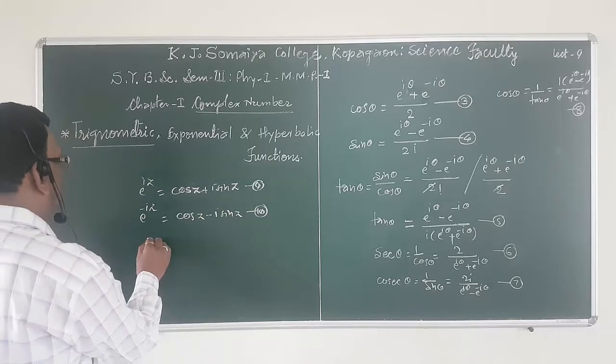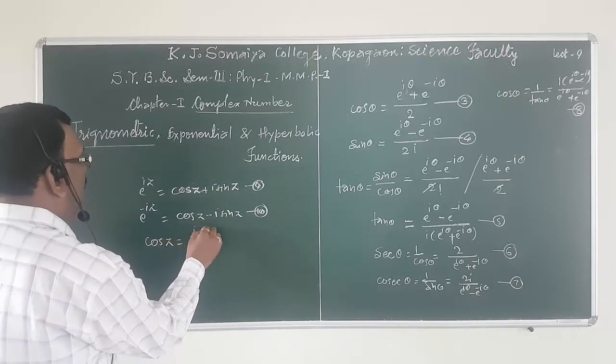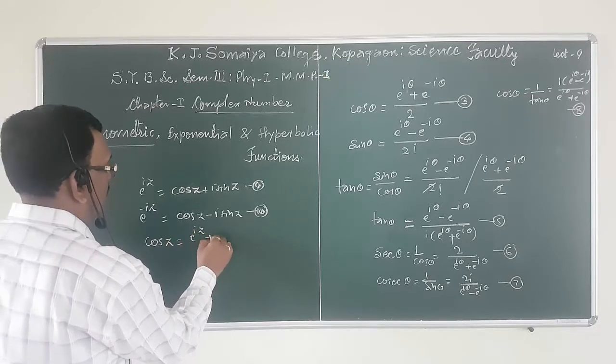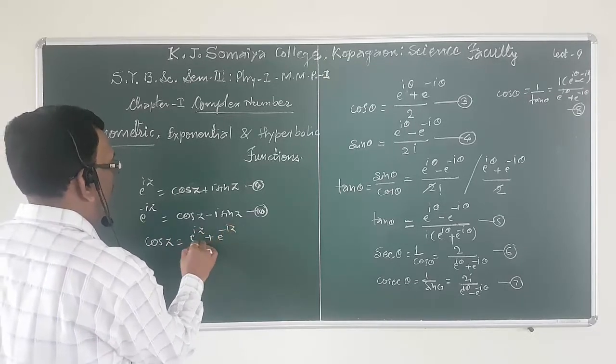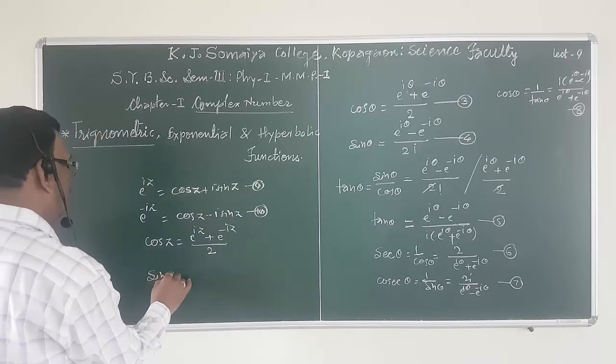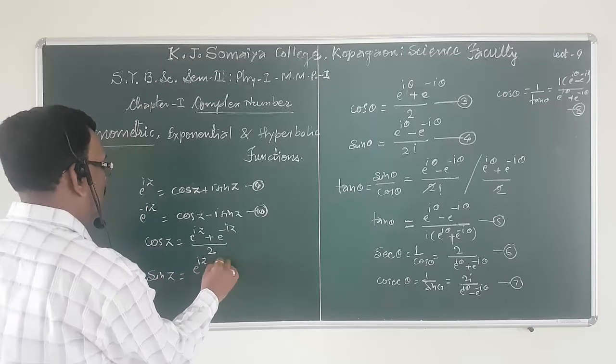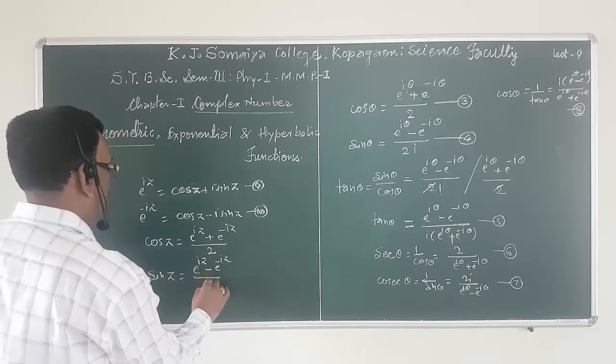trigonometric relations, that is cos z is equal to e raised to i z plus e raised to minus i z upon 2, and another one is sin z is equal to e raised to i z minus e raised to minus i z upon 2i.